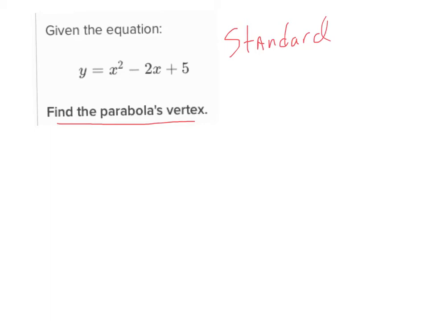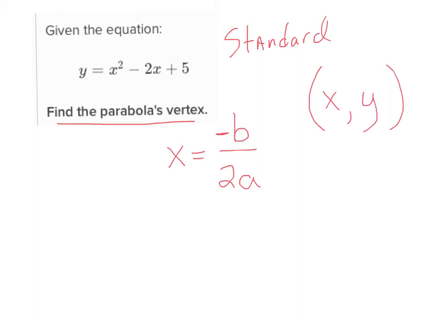So the formula to calculate the x value of the parabola's vertex is negative b over 2a. Our vertex is going to be an ordered pair, an xy ordered pair, right? So we need to know what x is and we need to know what y is.